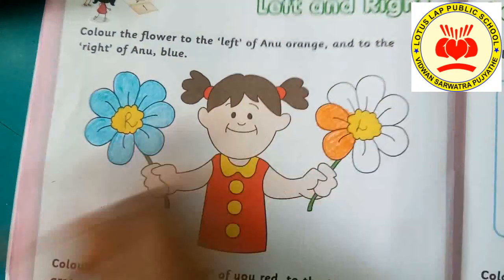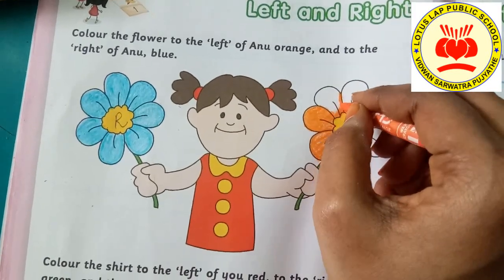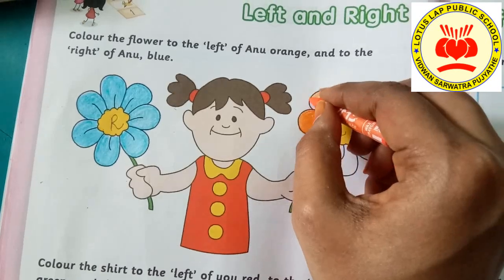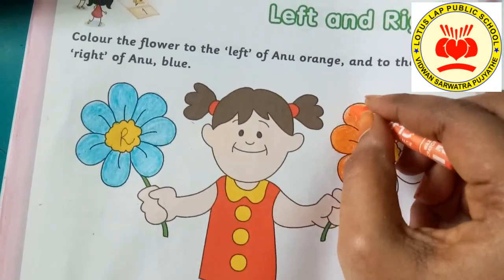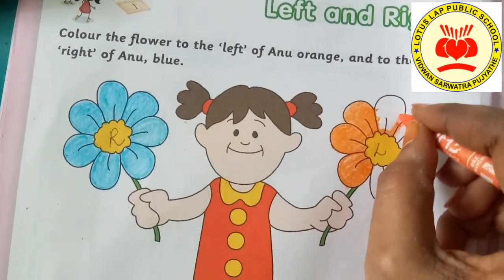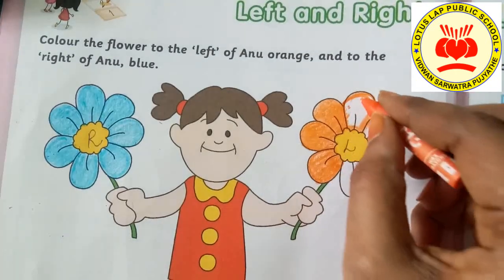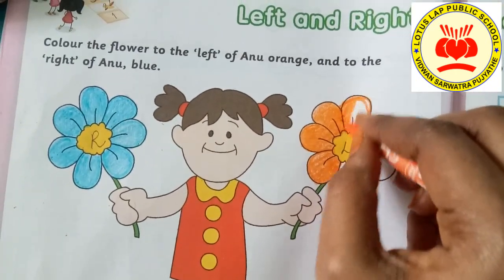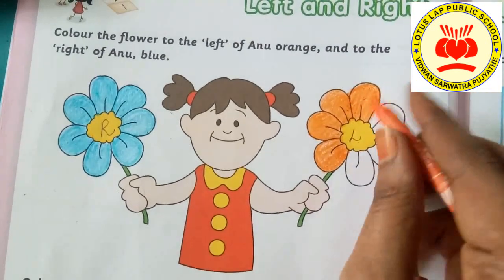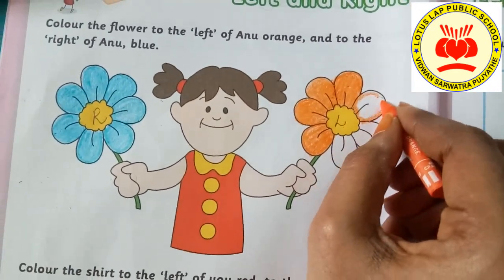So carefully you have to color, slowly. You can see I am not coloring outside. I am being very careful so that it's not coming outside. According to your convenience, children, either from top to bottom or left to right.